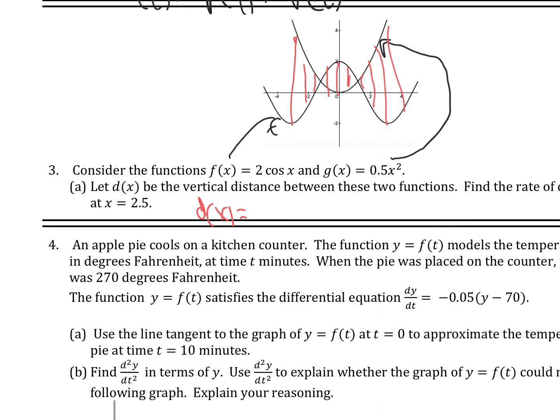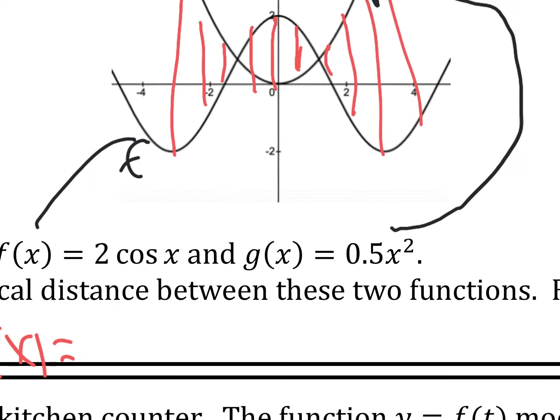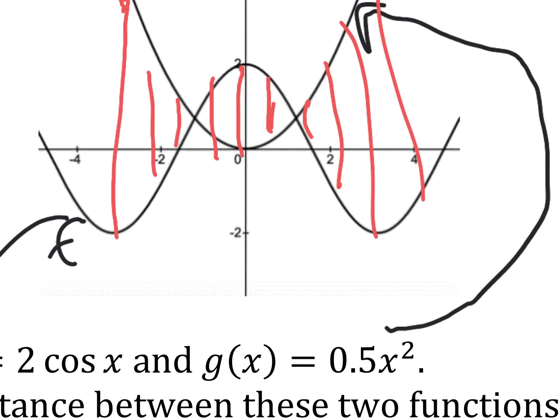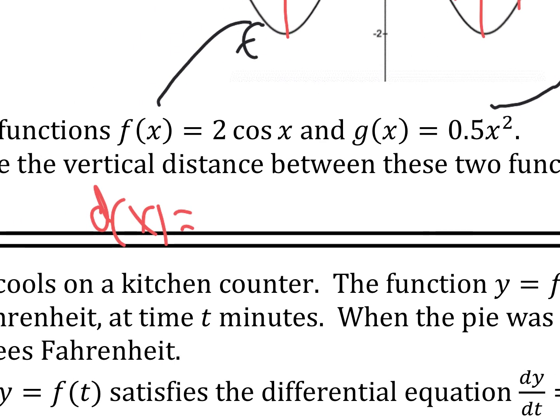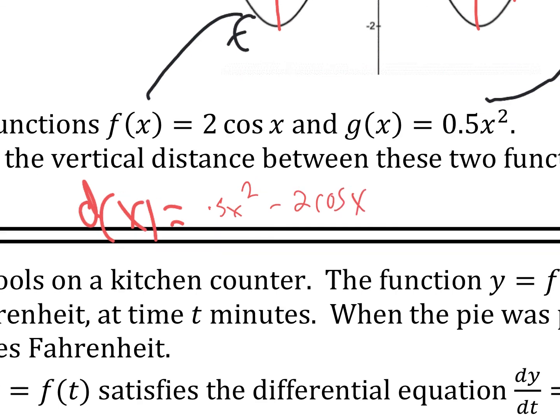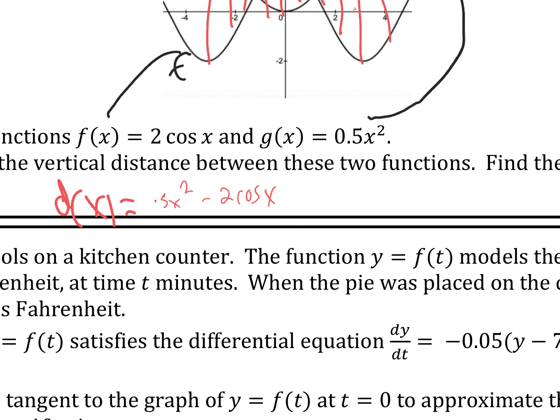So let's talk about at 2.5. Well, at 2.5, it's out here. So around this area, the top was the parabola. So the parabola was 0.5 x squared minus 2 cosine of x.